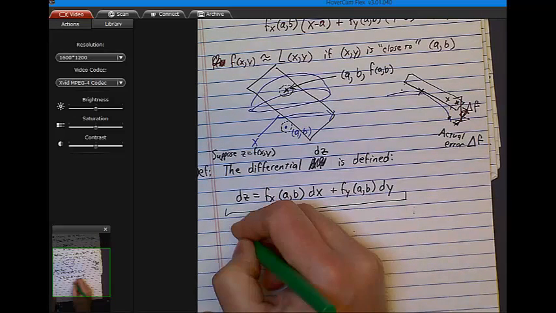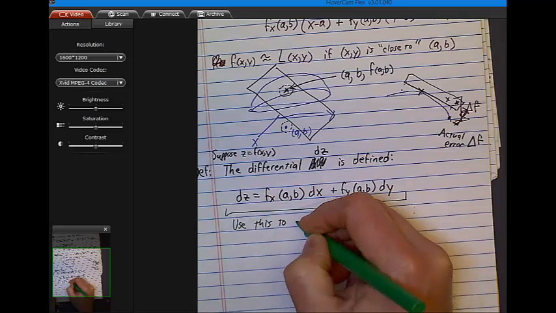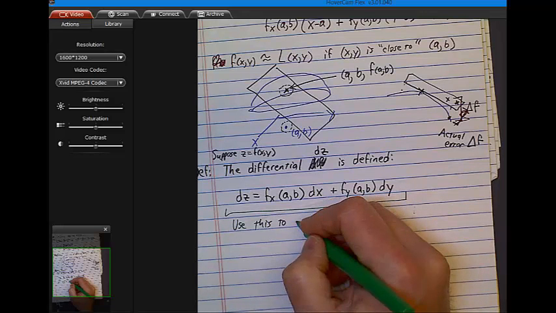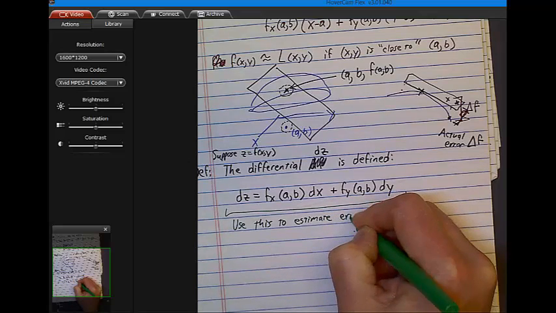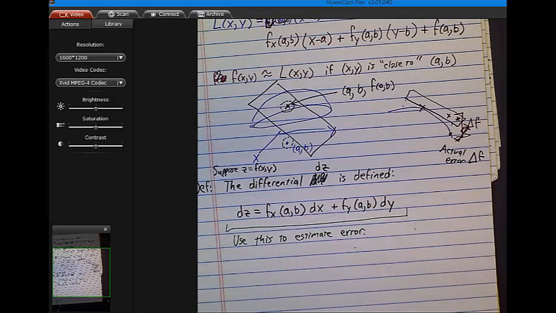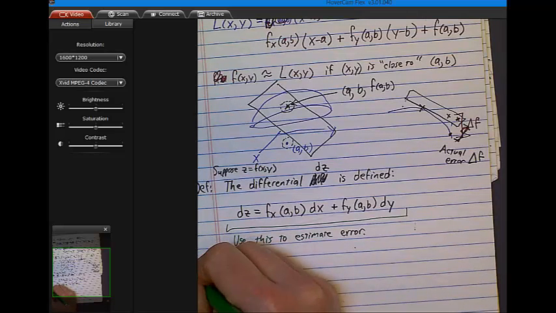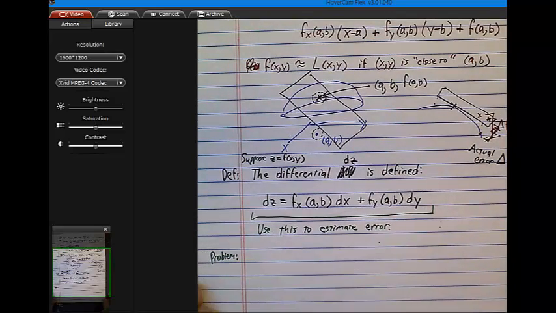Okay? And so what I want to do is show you how to use this. Let's use this to estimate some error. So here we go. Here's the problem. Do I need more room? Probably.